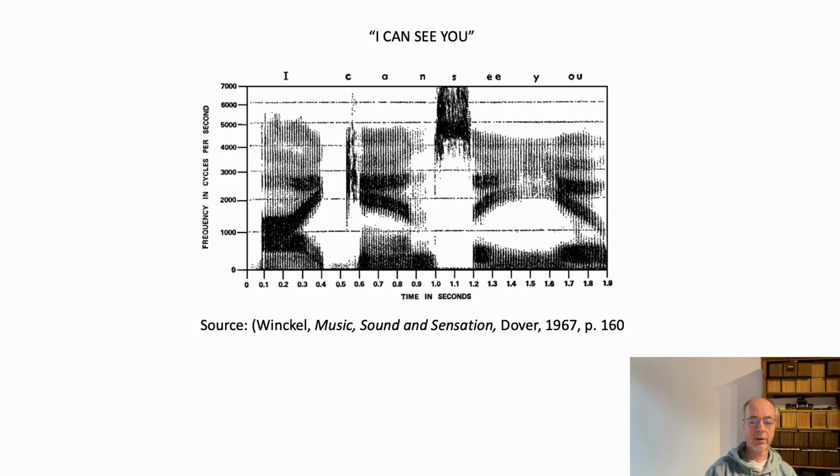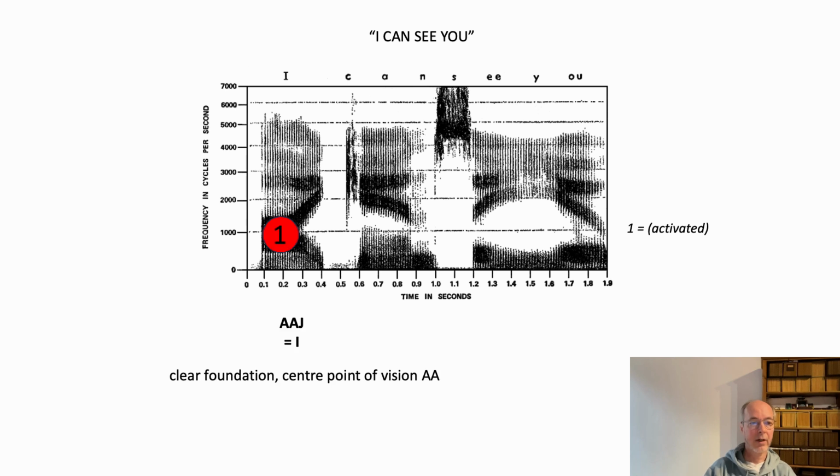Last example, I will explain the sentence I can see you, and in what I can see here I will be able to recognize the 3 zones and the formations in these 3 zones, and I will explain them. The I, so the first word I from I can see you, is clearly around 1000 megahertz. It's very strong and is around the center point also.